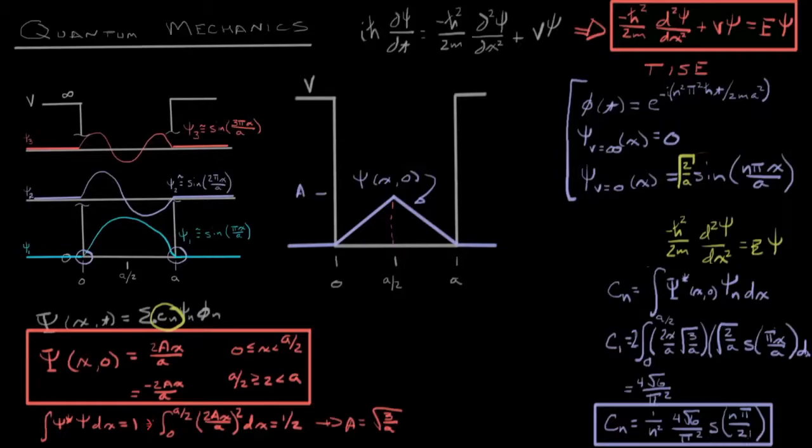The second thing that's interesting is when n, right here, is an even number, this whole thing's going to go to 0. In other words, there is no contribution when n is even, C of 2, for instance. Now, if we look at this as saying the origin is at a over 2, we notice that this stationary state is an odd function.